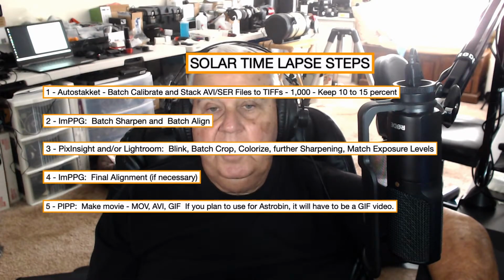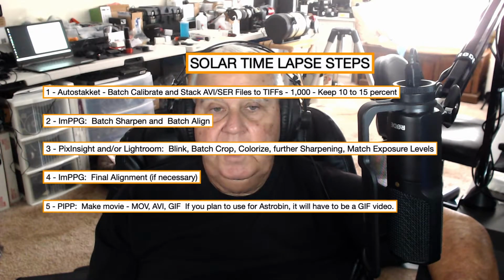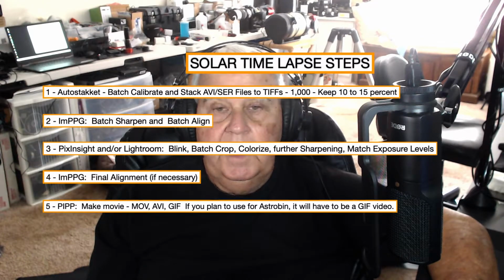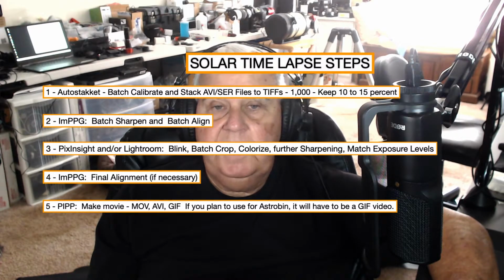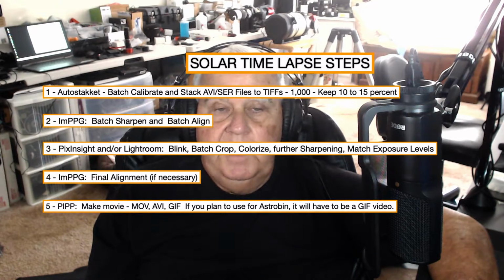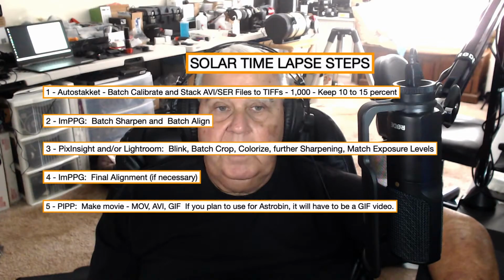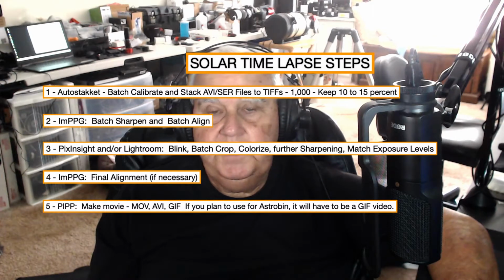Now, what determines how many I'm going to take? And it's not just arbitrary. If the scene is rated to be good, a scene of a rating of 5, and you can get that from various software programs and applications specific to your location.